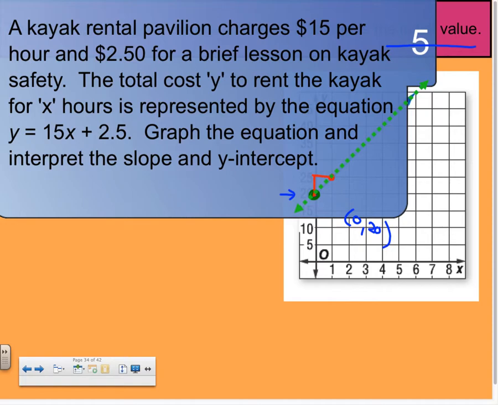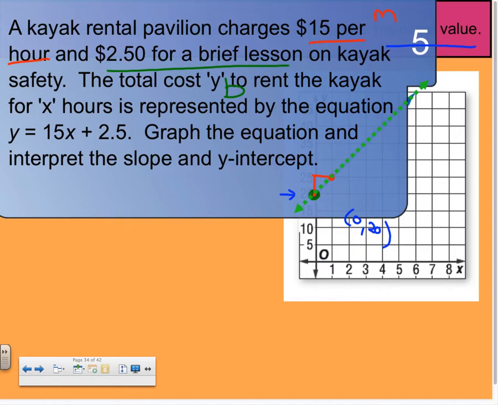What do you think, Madison? 15 per hour. So 15 per hour is a rate, so we can already say that this is probably going to be our slope. And then what sounds like a one-time deal? Right, $2.50 for a brief lesson. A lesson usually means one lesson, so one quick lesson costs $2.50. So this $2.50 is probably going to be our y-intercept.